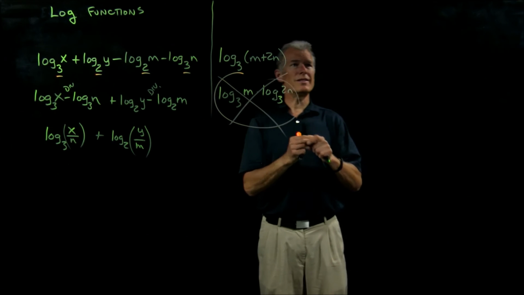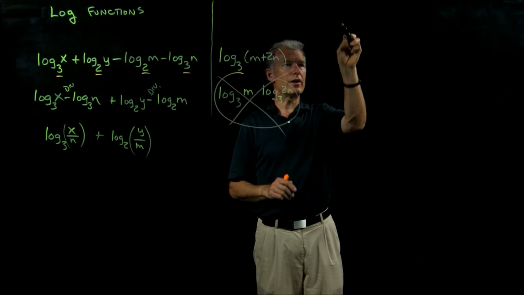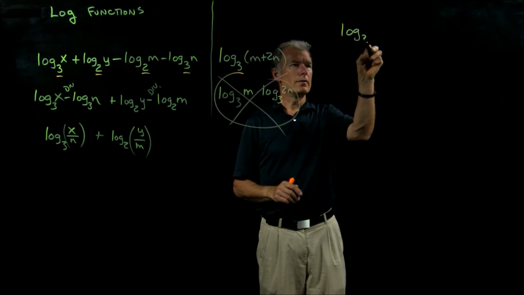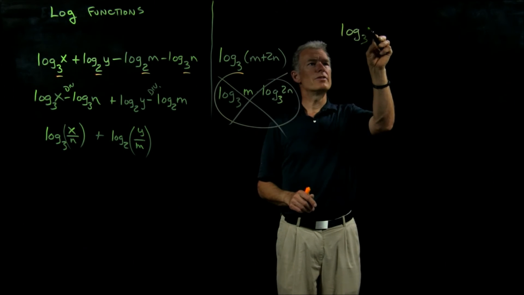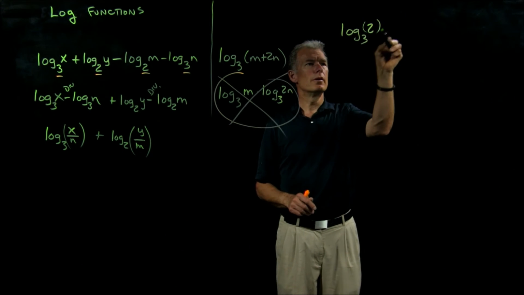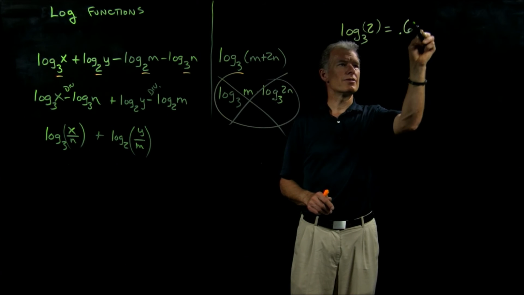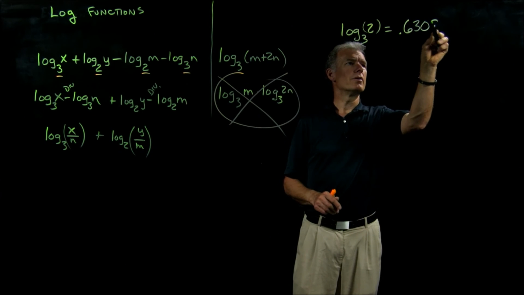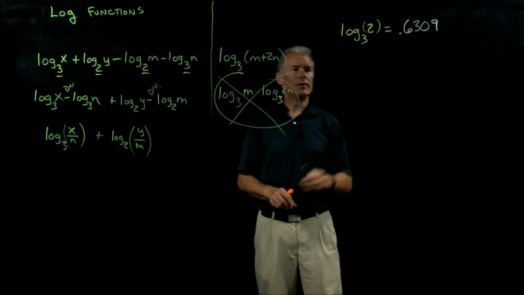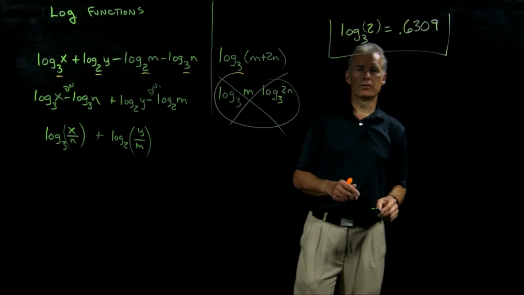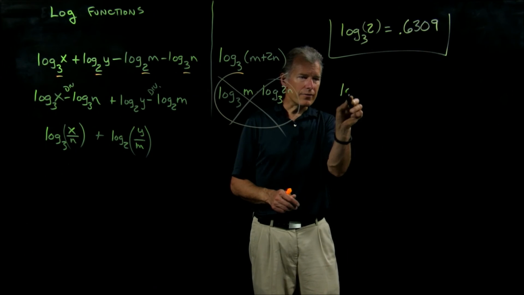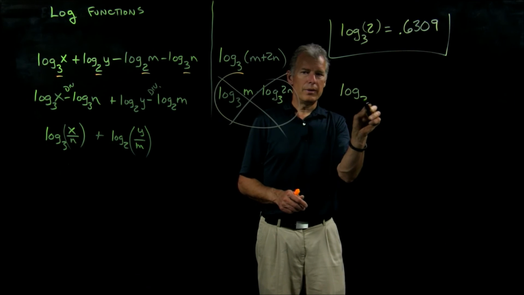So let's try this. Let's say that you know, without your calculator, you know that log base 3 of 2 is 0.6309. So this is just some given information for you. Now let's say they ask us to find log base 3 of 8.